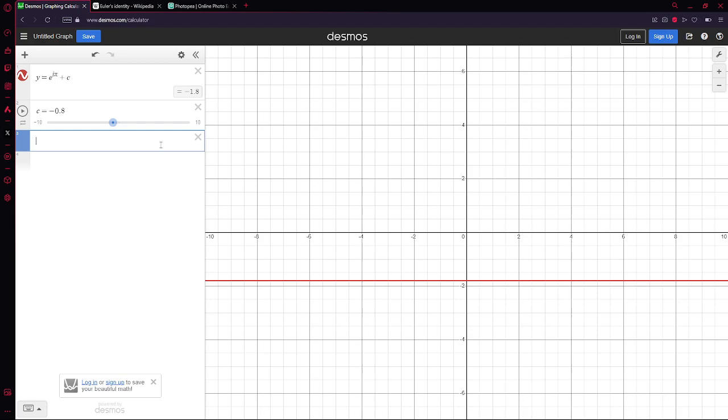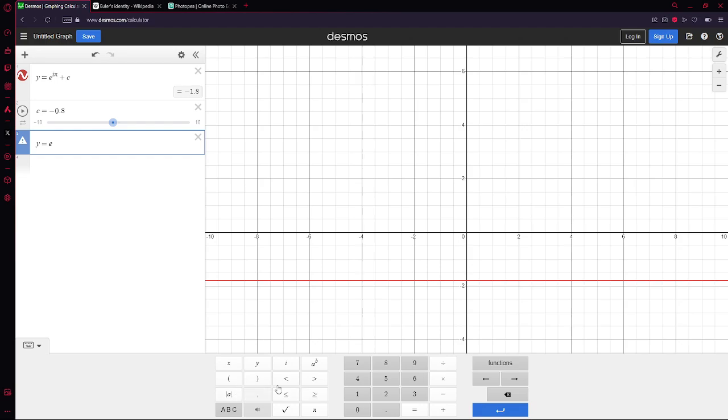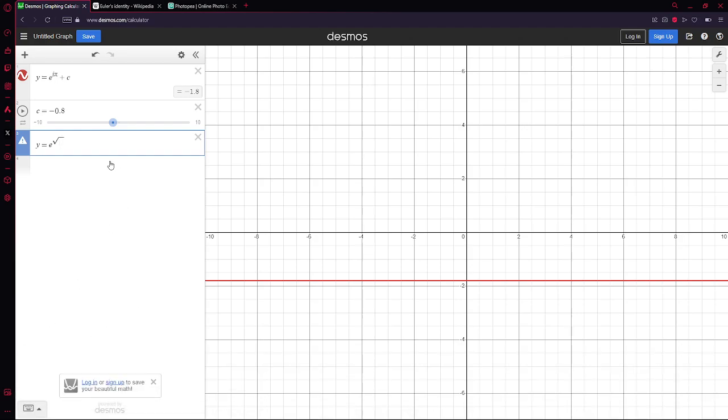But I broke this down into e to the square root of, I can find this, there it is, e to the power of square root negative pi squared.